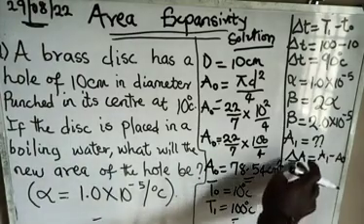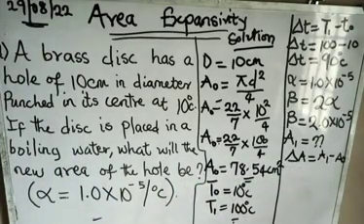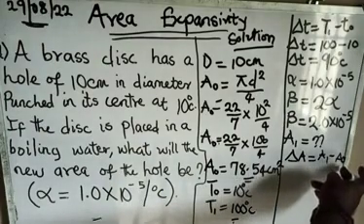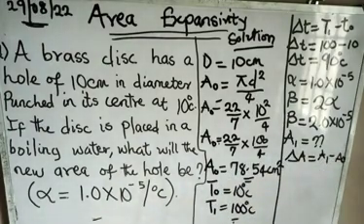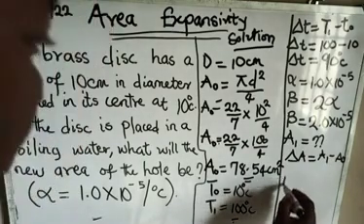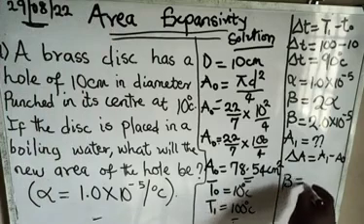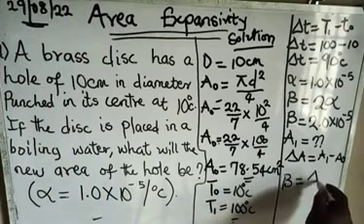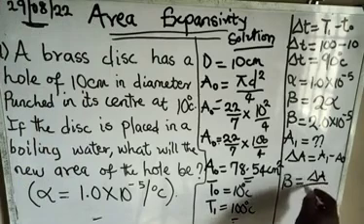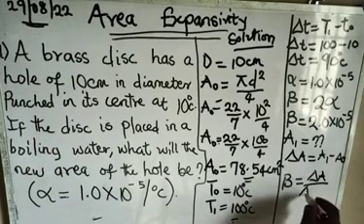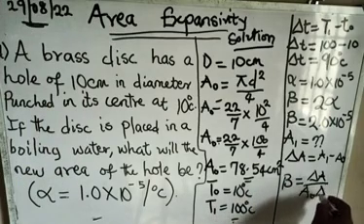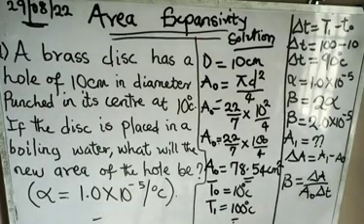So let me first of all solve for the change in area, and then I can transpose the original area over here and get the new area of the disc. Now the formula is beta is given by the change in area all over the original area times change in temperature. All right, let me clean off this side and solve.